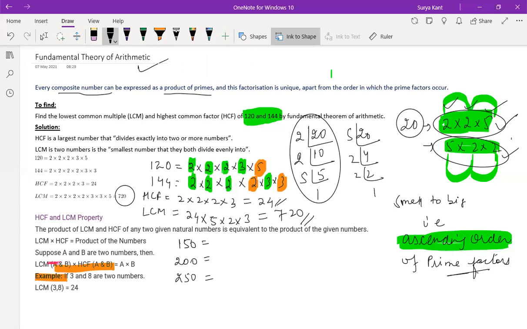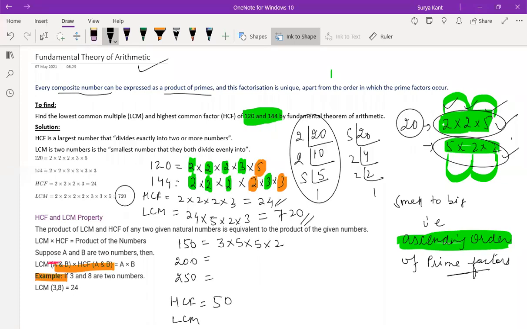For 150, what can we write? 15 into 10. So 15 is 3 into 5, into 10. Sir, 200, what? We have to find HCF, right? HCF and LCM both. Yeah, so HCF is 50, sir.